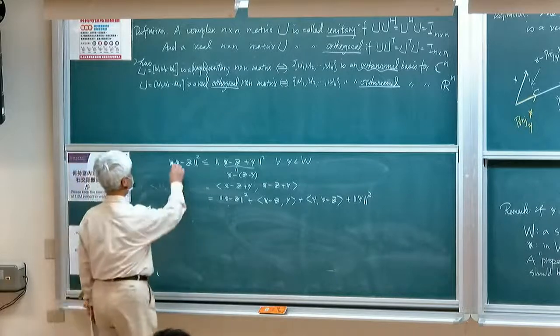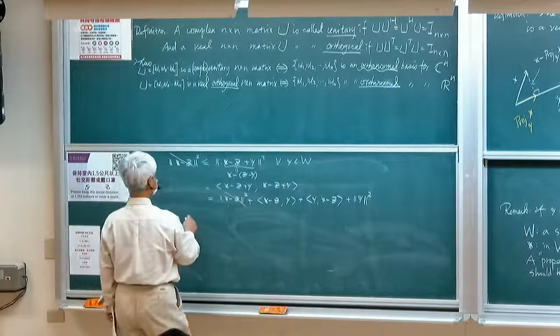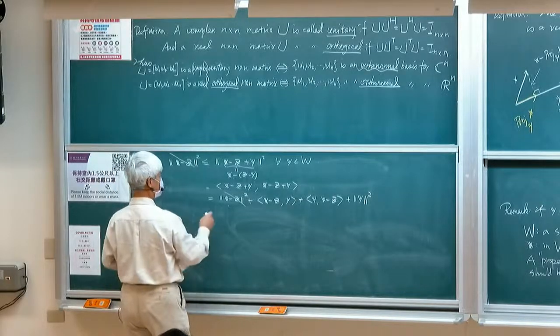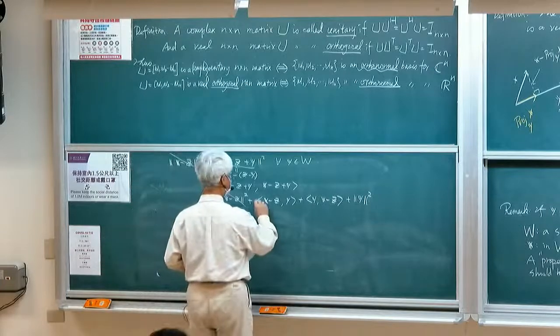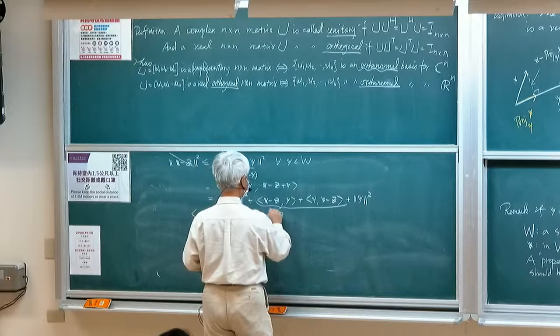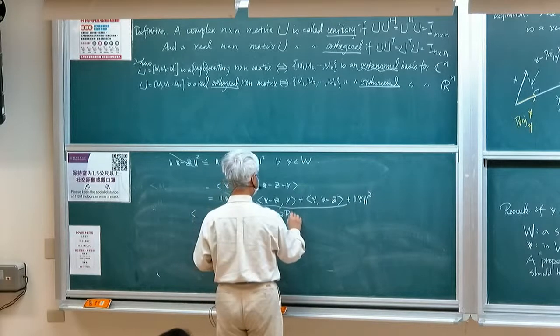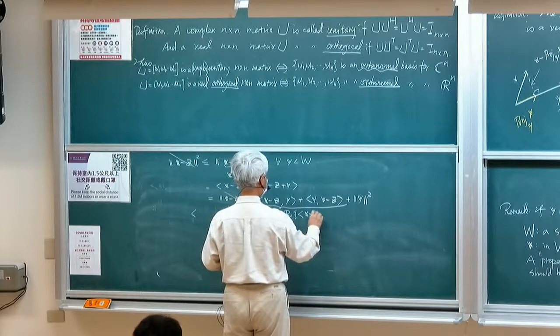Okay. But first of all, you can cancel them. So you can see that, combine them together. So this is 2 times the real part of the inner product of x minus z and y.